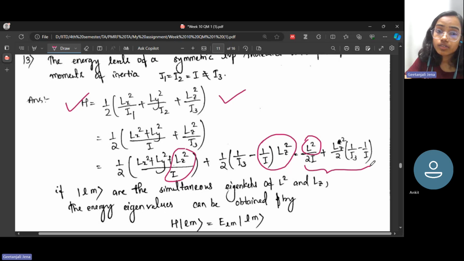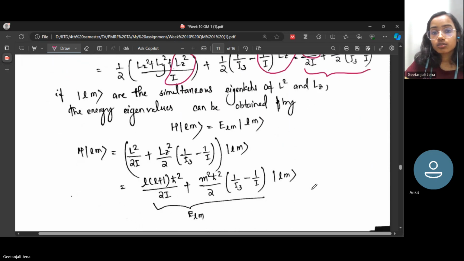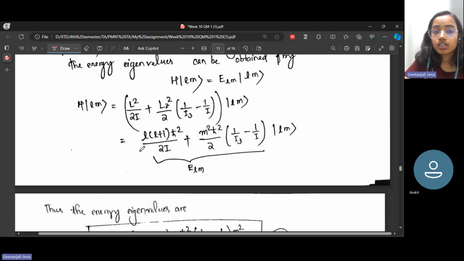Now to find the energy eigenvalue, you have to act this Hamiltonian on the eigenket |l, m>. If you act this Hamiltonian on the eigenket, L square will give l into (l plus 1) h cut square and Lz square will give m square h cut square. So we get the energy eigenvalue: l into (l plus 1) h cut square by 2I plus m square h cut square by 2 times (1 by I3 minus 1 by I).